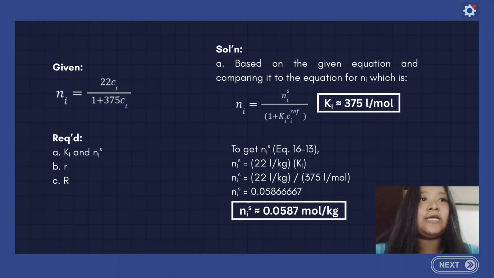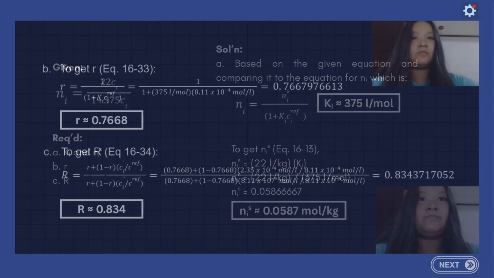For the solution in letter A, based on the given equation and comparing it to the equation of N sub I, K sub I is equal to 375 liters per mole. To get the value of the monolayer capacity approach at large concentrations, Ns sub I, based on equation 16-13, Ns sub I is equal to 22 liters per kilogram times equilibrium constant, which is approximately 0.0587 moles per kilogram.